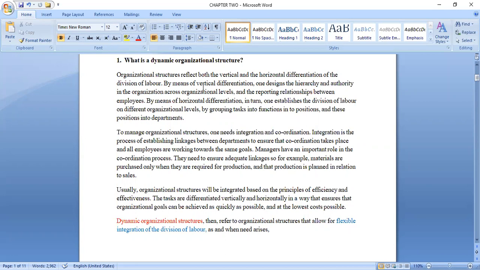For example, from the top manager up to the last worker, maybe a sweeper in an organization. That is vertical differentiation of division of labor.